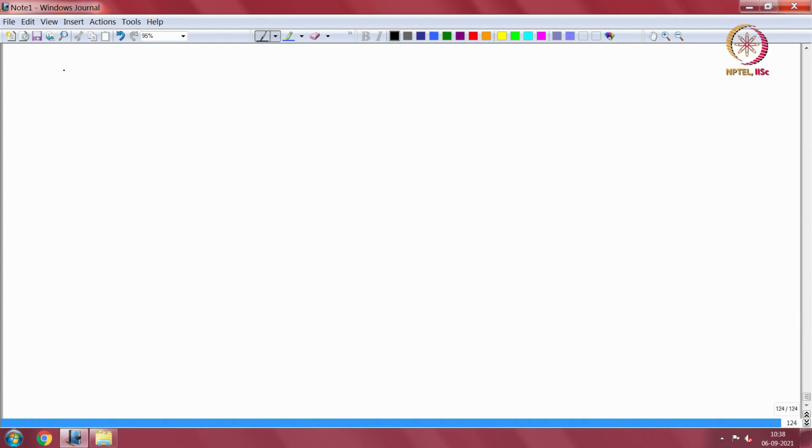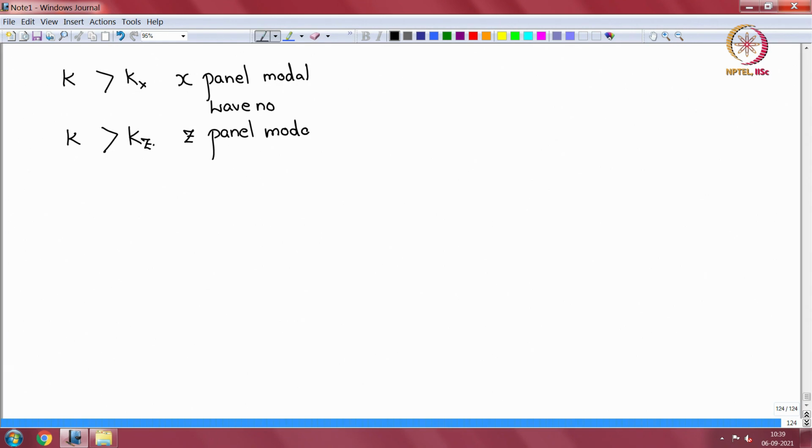We are saying that the k, the acoustic wave number, should be greater than kx, the x panel modal wave number, and k should be greater than kz, which means z direction panel modal wave number.